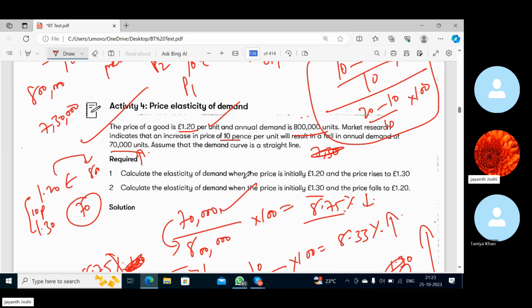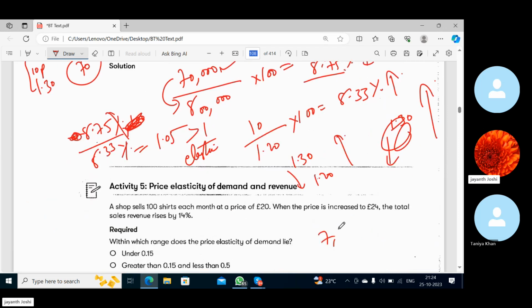Now the price here was high, it was 1.30. Previously the price was 1.20 and the price increased, the quantity demanded decreased. Now the price is high and the price is falling. What does it mean? The demand will increase, right? Correct? Yes or no? That means from 7 lakh 30,000 the demand will go to 8 lakhs.